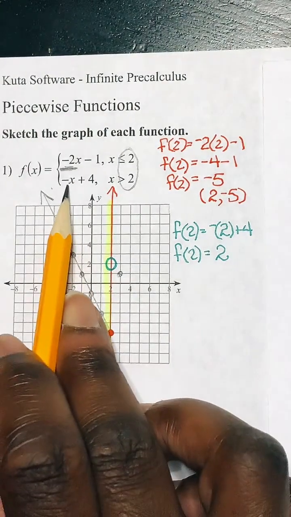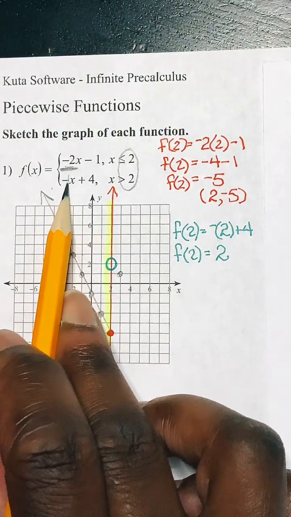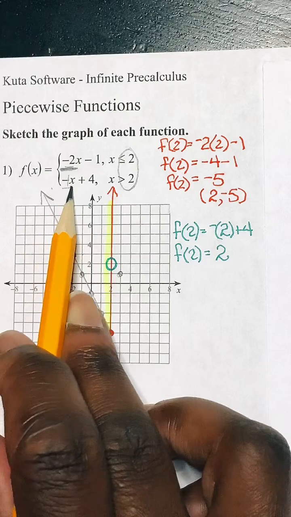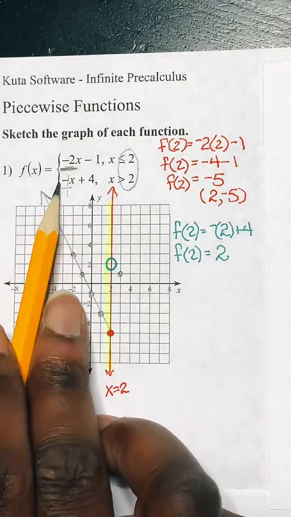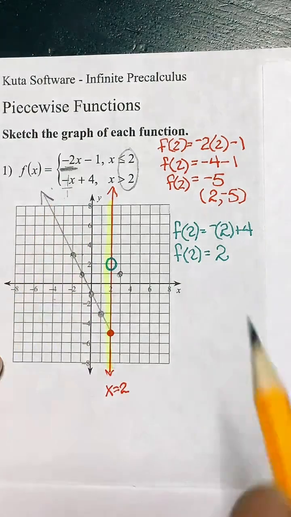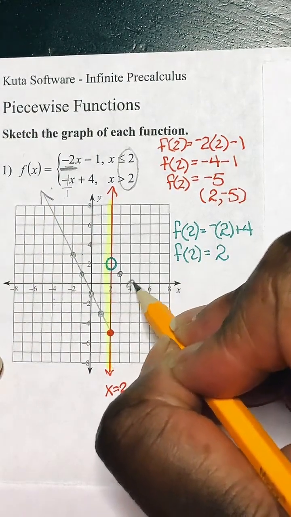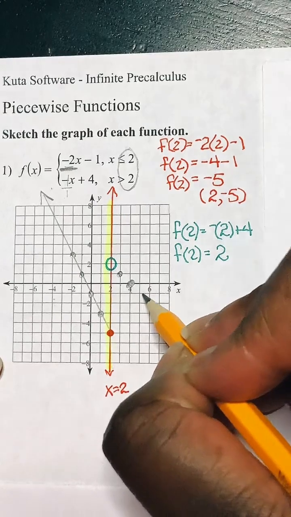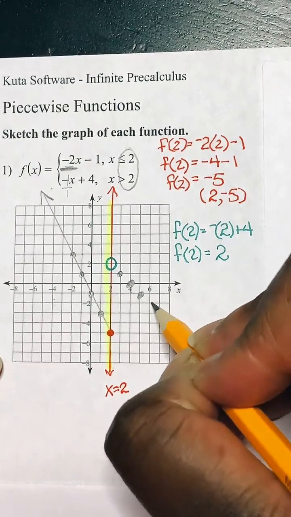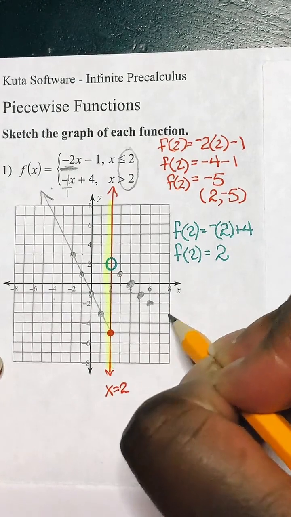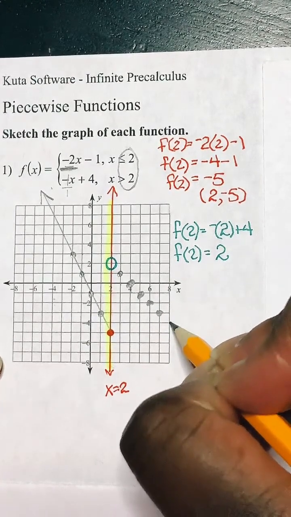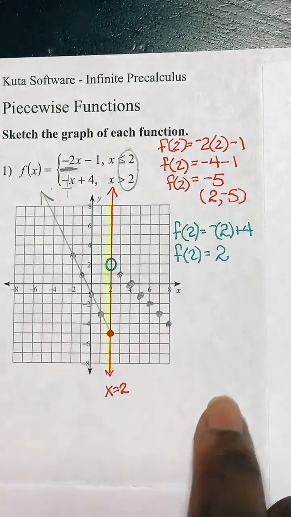If you don't see a number, it's assumed that there's a 1 in front. So in this case, -1 over 1. That's why we go down 1 to the right 1, down 1 to the right 1, until we see our line.